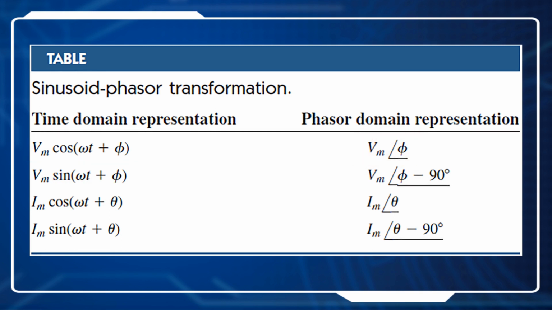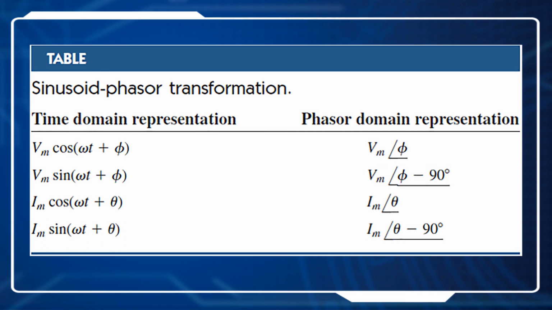However, if the sinusoid is Vm sine omega t plus phi, you need to transform sine into cosine and then get the corresponding phasor, which means the phasor equals Vm angle phi minus 90 degrees. Okay, those two are the phasors for the voltage. For the currents, the situation is just the same.